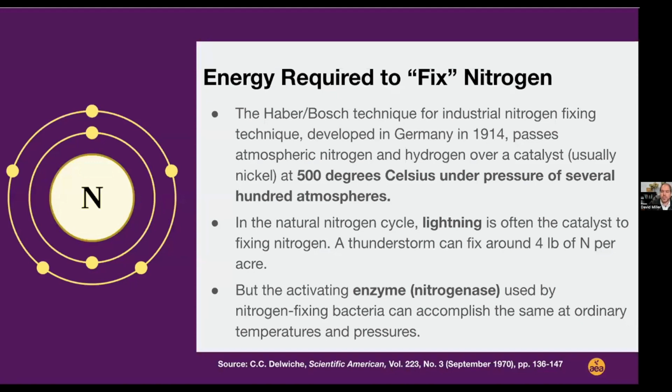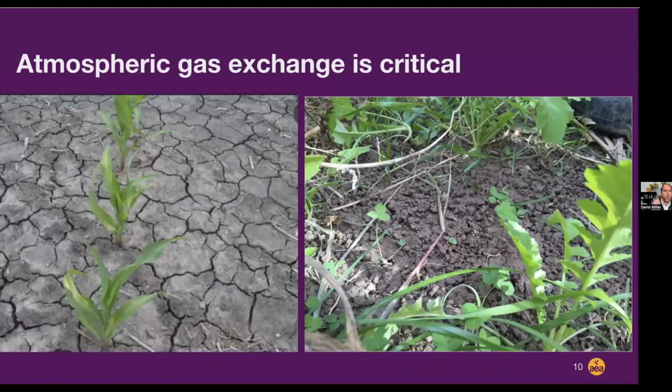However, in order for that to work, we must have gas exchange. The atmospheric gas needs to be able to go down through the soil and come into contact with these nitrogen-fixing bacteria, and then they can do their magic of converting that N2 gas into plant usable forms, and the plants grow.